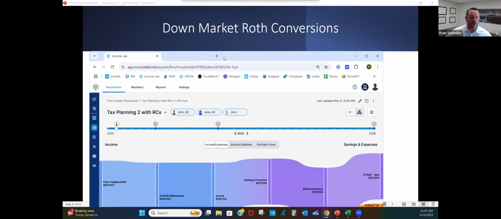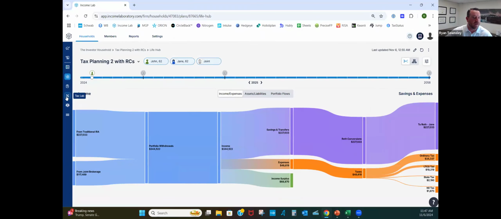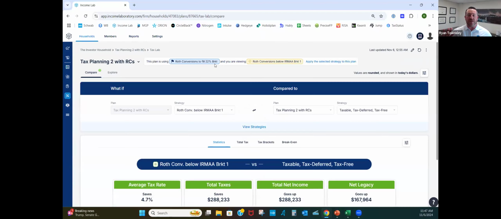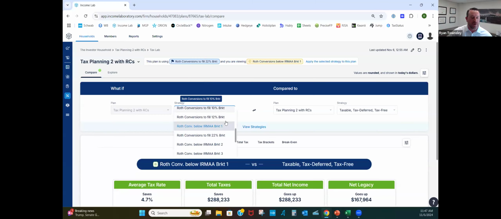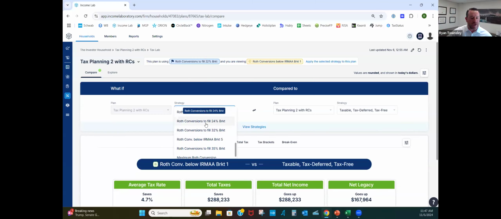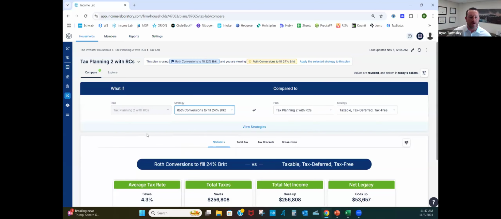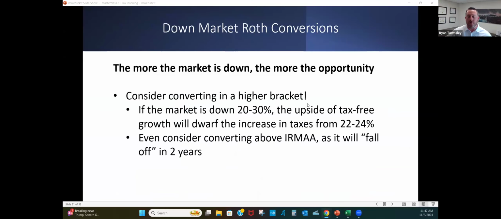So maybe at that point we say, okay, well, the extra 2% tax from the 22% bracket to the 24% bracket makes perfect sense if we're going to get an additional 28% of upside because the market's down so much. So you can go back and just change your strategy, and it might just be for that year, right? And you can do a more aggressive Roth conversion the more the market's down.